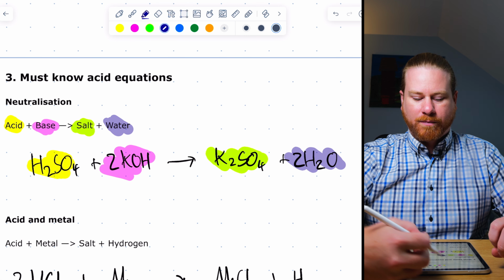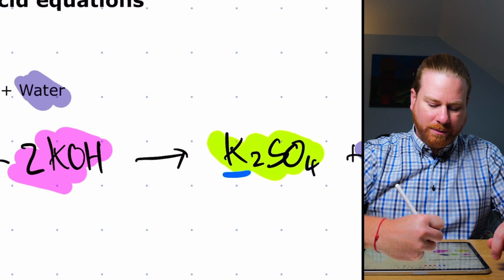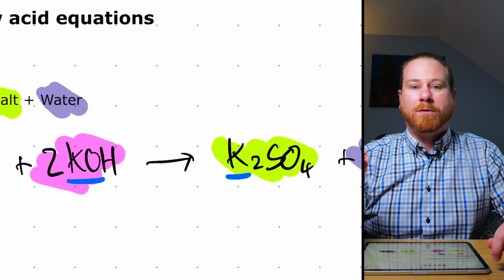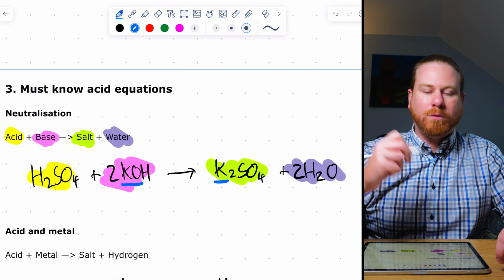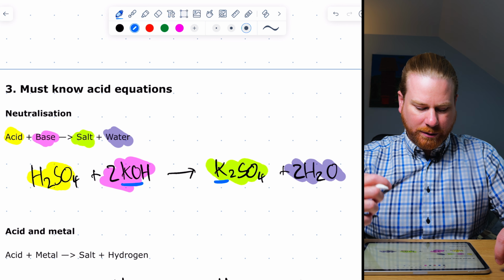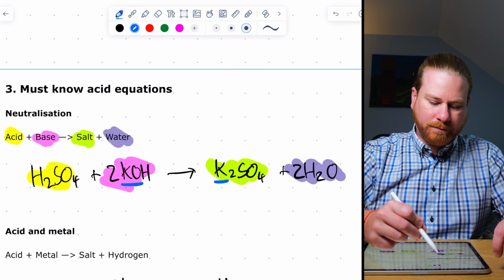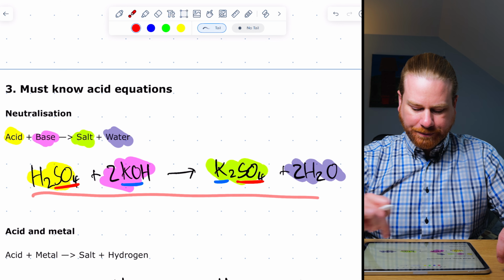Salts contain a metal part, which always comes from the base, and a non-metal part, which always comes from the acid. So there we go, we've got our general equation, and then this is a specific equation.